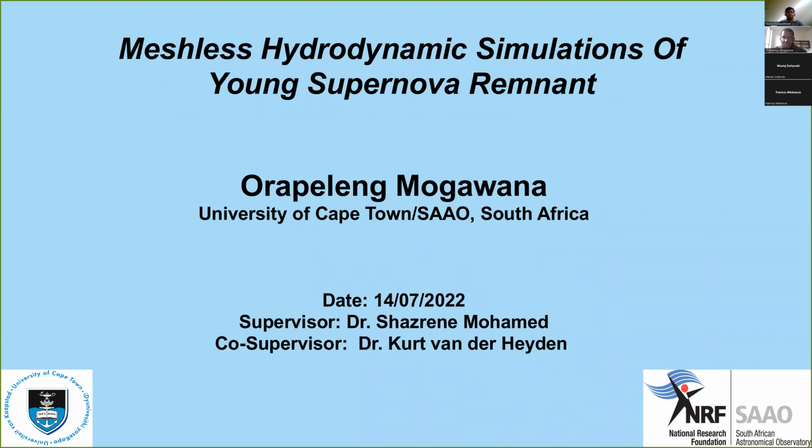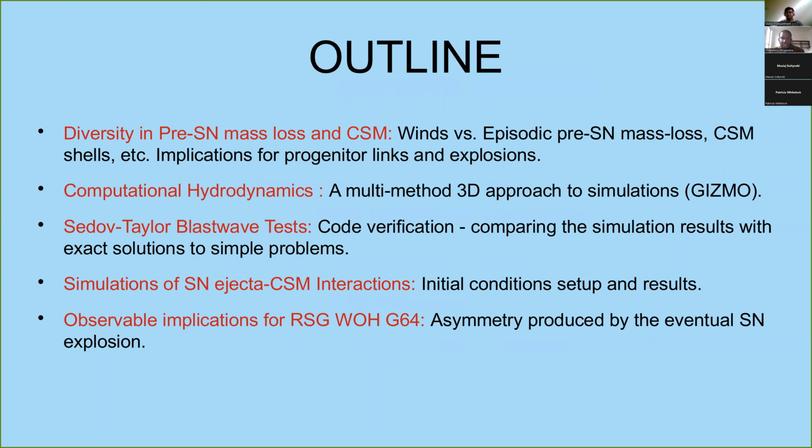All right, so in this talk, I would like to cover a couple of things that motivated this project. The motivation was the fact that there is a huge diversity in pre-supernova mass loss rates and circumstellar medium structures.